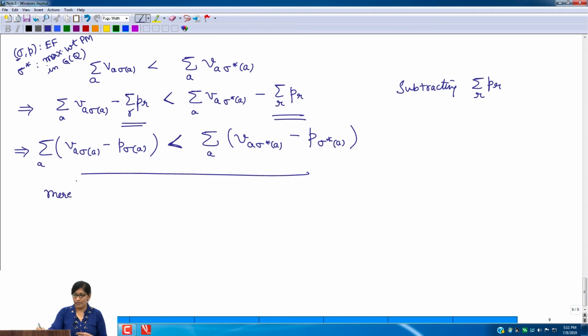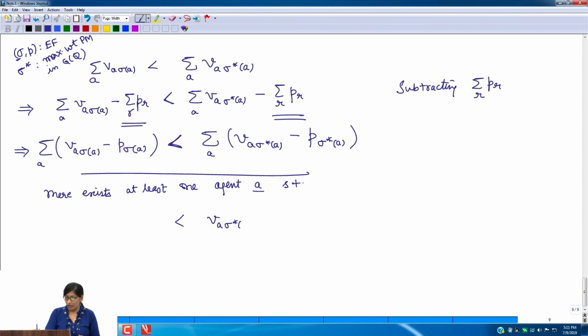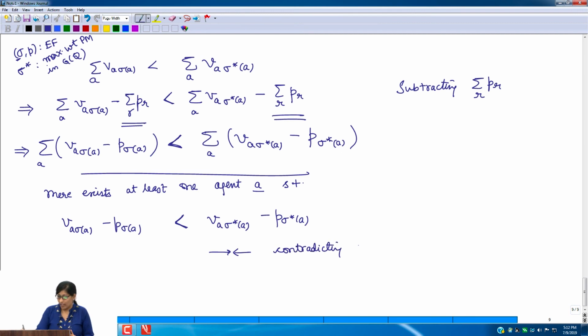Exactly. Since you have strict inequality here, there must exist at least one agent, let's say agent A, such that V_A of sigma star A minus P of sigma star A is strictly greater than V_A of sigma A minus P of sigma A. And this contradicts the envy-freeness of the sigma P solution, in particular contradicting the fact that sigma P was an envy-free solution to begin with.